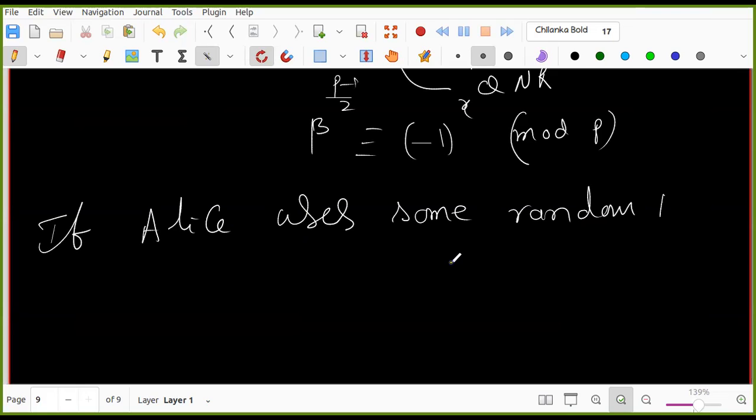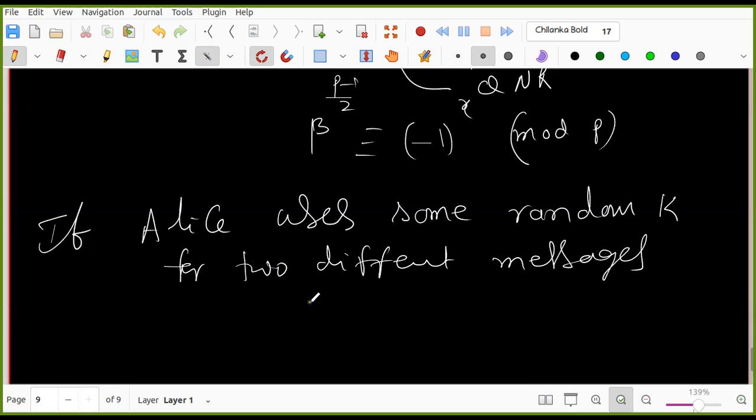You know that in the ElGamal crypto system, while sending a message, Alice uses some random key k, for two different messages M1, M2. Are you following? I'll explain if not.